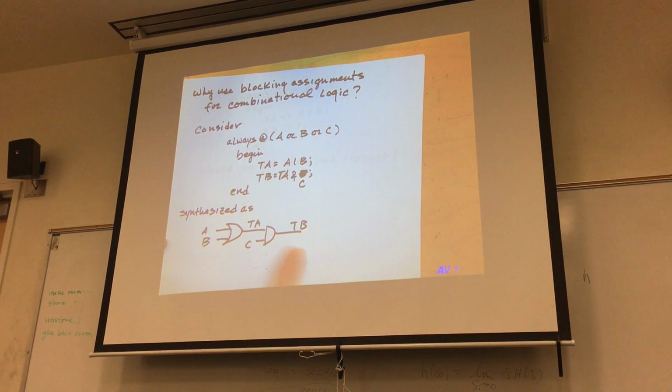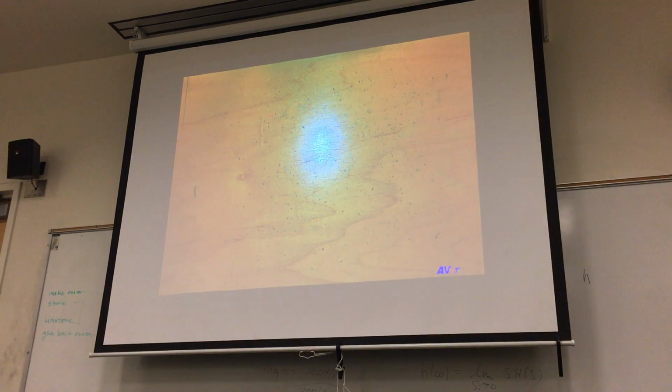Certainly it would not be as simple as this, which is intuitively obvious of what you intended with that particular code. So the problem is that the non-blocking assignment doesn't always follow the logic flow that the data flow level of abstraction gave you.